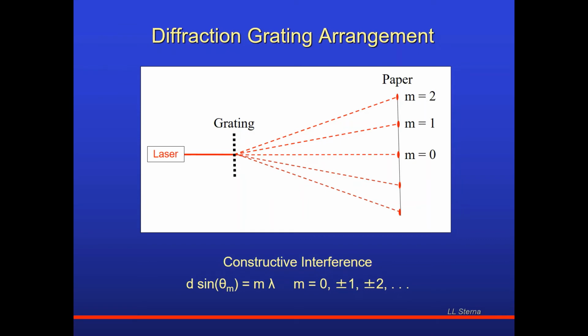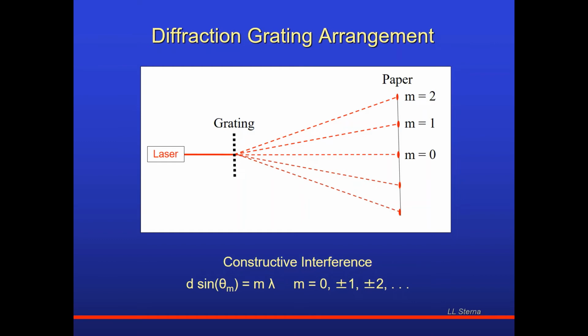Notice when they hit the paper to the right, we're showing 5 dots. Because of the grating, you're going to get 5 dots there. Very well defined, because we're using the grating with thousands of slits instead of just 2.